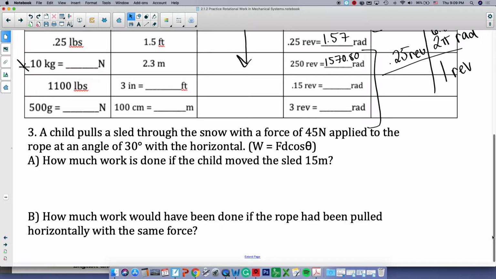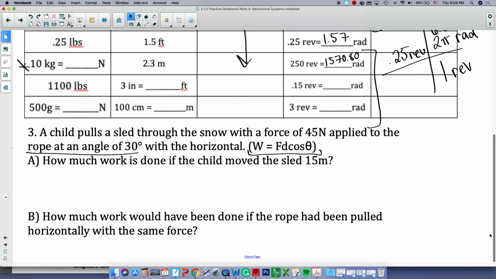Another question on the worksheet I wanted to look at quick, and I'm going to kind of jump ahead of the lesson today, was the one where a child is pulling a sled and we have a rope at an angle of 30 degrees. And I think I wrote on your worksheet, use work equals FD cosine theta, and I'll explain why here in a second. But we have to do work, and work is force in the direction of the motion.